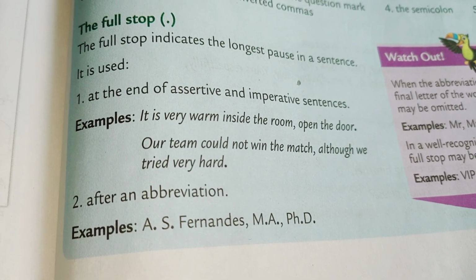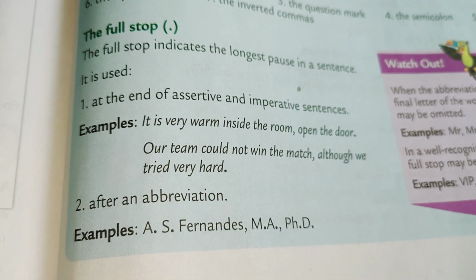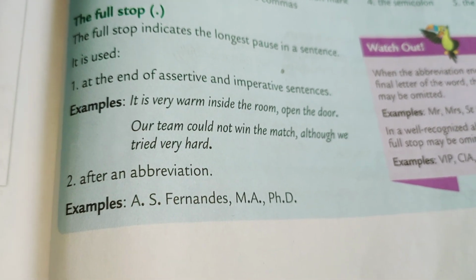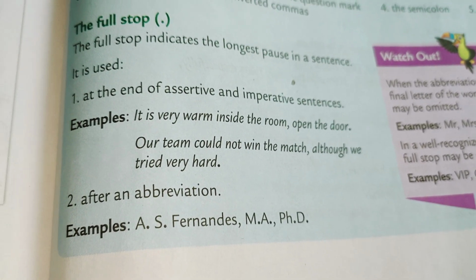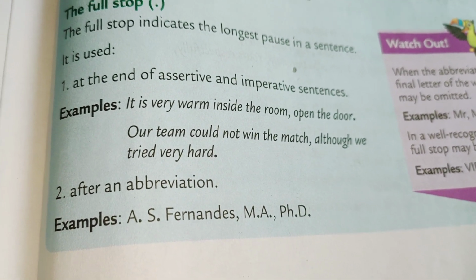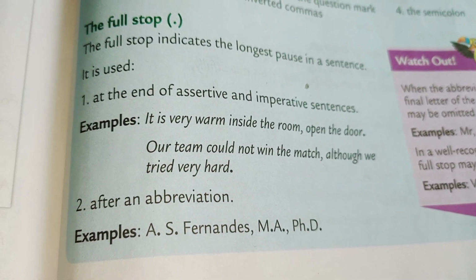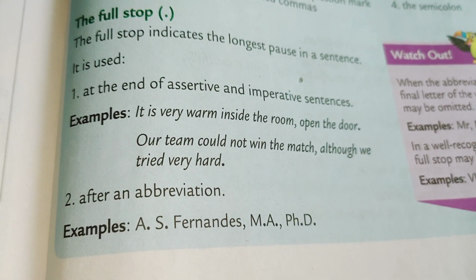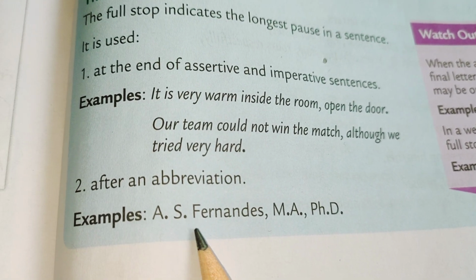So students, abbreviations are actually the short forms, like A.S. Fernandez, M.A., PhD. So students, these are the abbreviations, and if we have to separate the abbreviations, we put the full stop in between them. As you can see, there are simple dots there now.